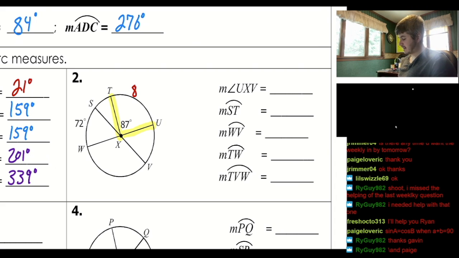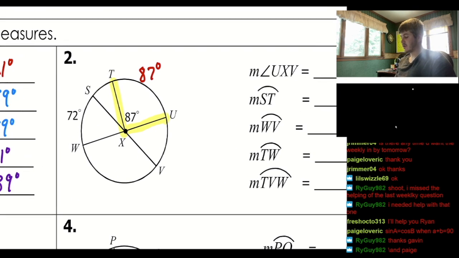That makes this arc out here 87 degrees as well. And it works backwards as well. They give you another angle out here, which is 72, so the central angle is also going to be 72. From that, we're expected to figure out everything else, and I think we have plenty of information to start.